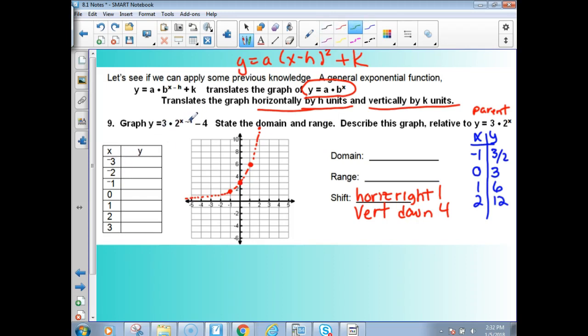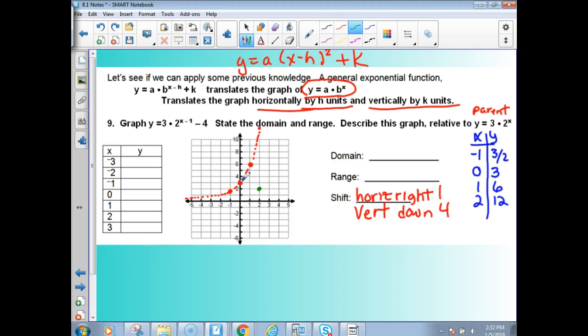And I'm going to graph this one. Now, you can go in the grapher and get this out of the table. I'm not even going to write these down right now, because what I'm going to do is graph it without that. I'm going to do it using the shift. So, ready? What's the shift? Horizontally, right 1, vertically, down 4. So I take this point and go right 1 and down 1, 2, 3, 4.